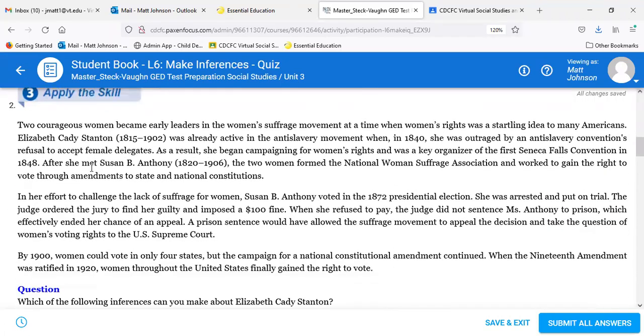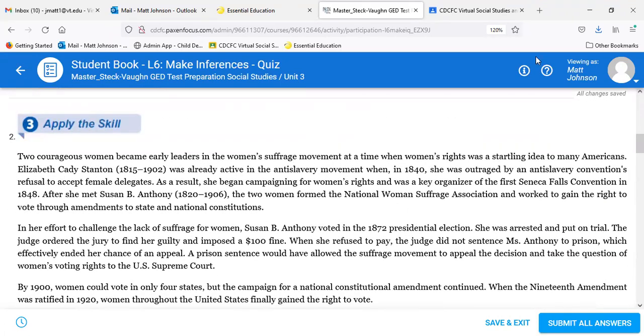Okay. All right. Some more reading here. I'm going to go ahead and read the first paragraph, and I'll hand it off as we go. Two courageous women became early leaders in the women's suffrage movement at a time when women's rights was a startling idea to many Americans. Elizabeth Cady Stanton, 1815 to 1902, was already active in the anti-slavery movement when, in 1840, she was outraged by an anti-slavery convention's refusal to accept female delegates.